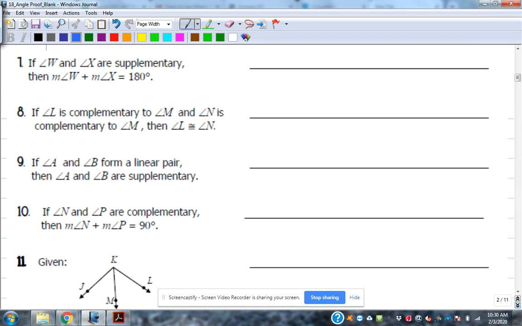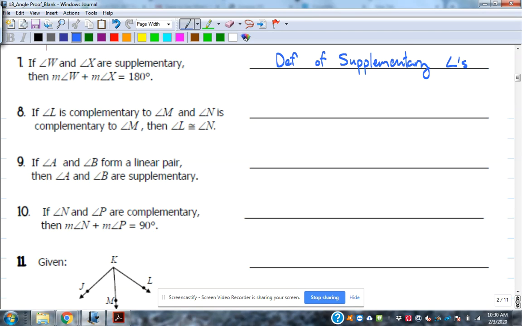Number 7, angle W and angle X are supplementary. Then the measure of angle W plus the measure of angle X equals 180. Definition of supplementary angles.